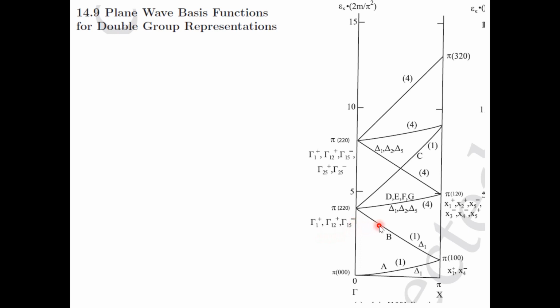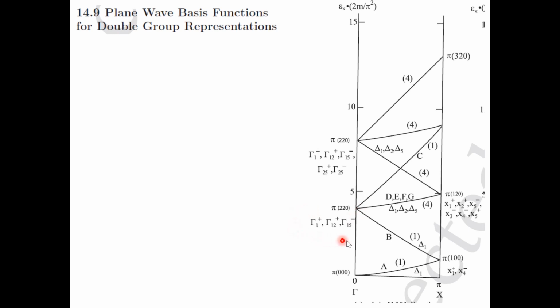For instance, this level here, the second lowest energy level at the gamma point, arising from 6 different parabolas, would be a 6-fold degenerate level.